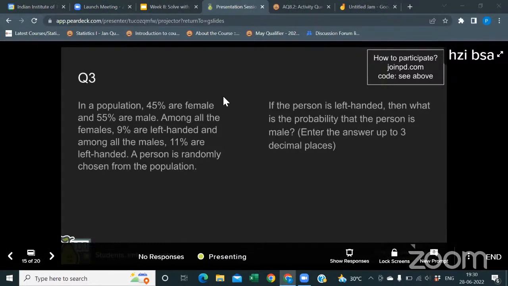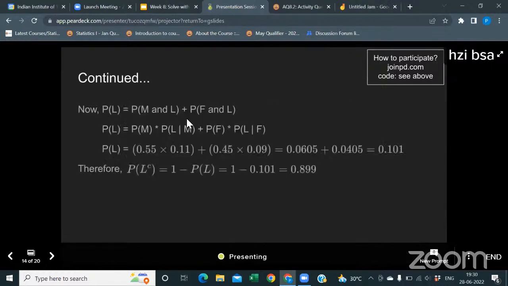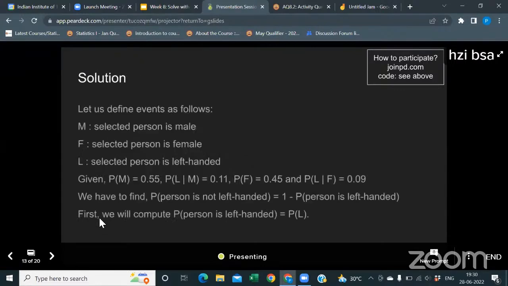From 0.55, I subtracted 0.11 to get right-handed male, because only the number of males is 0.55 and left-handed is also given. And I did the same thing for female too, and then I added both the answers. Okay, see, you are subtracting the probabilities, not numbers.